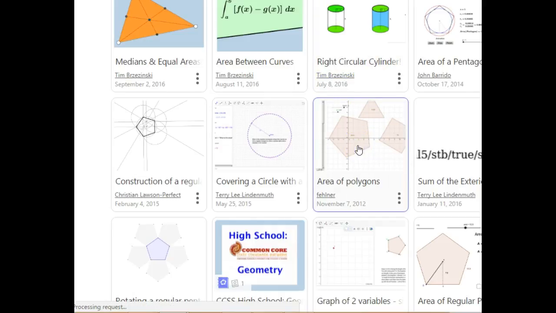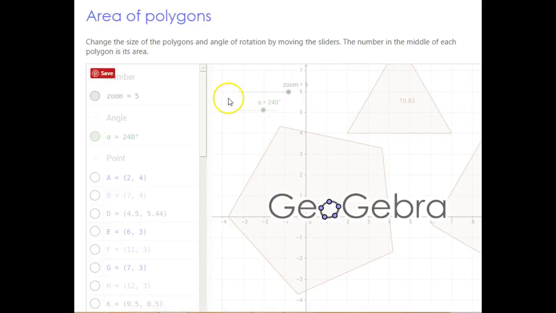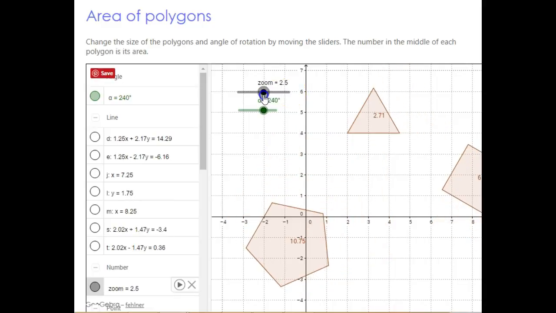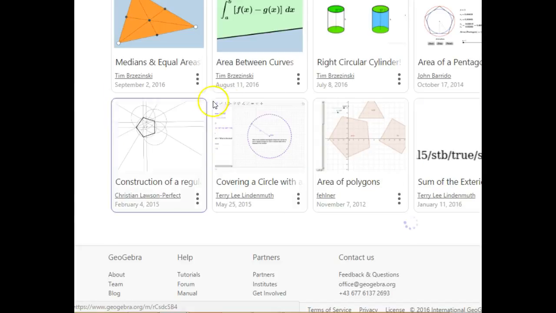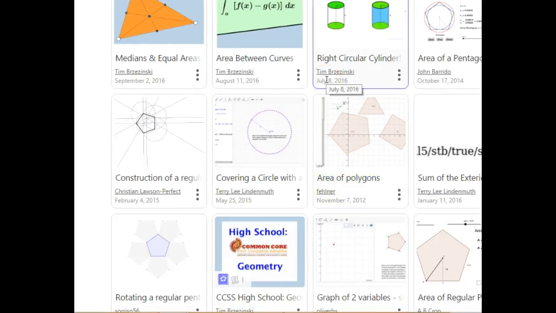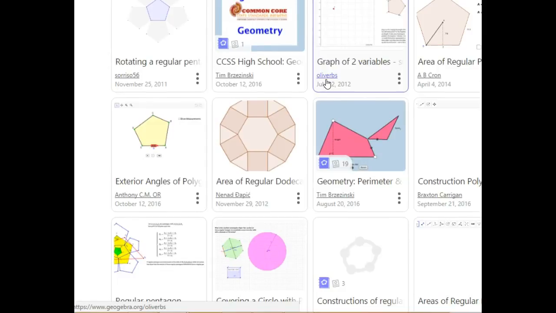Area of different polygons. And most of this looks, I wonder if there's a better way to sort through it, or if it's just spending countless hours finding what you need.